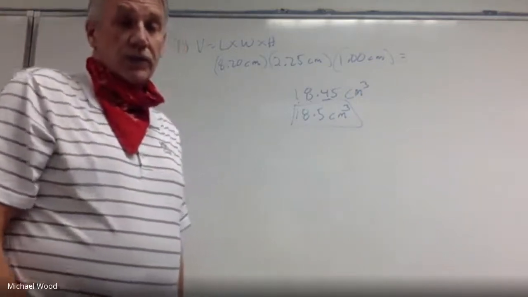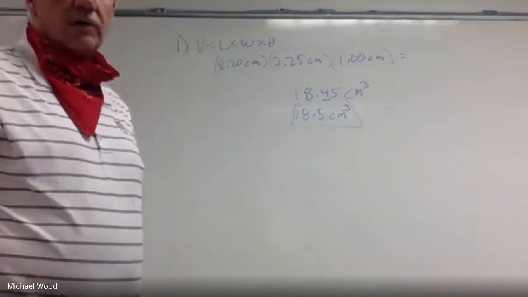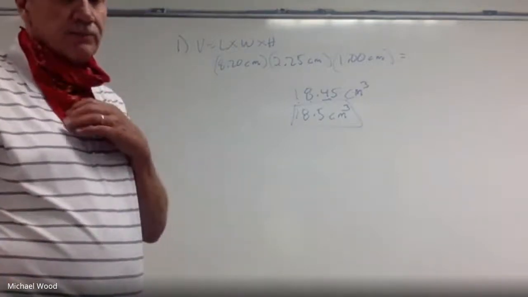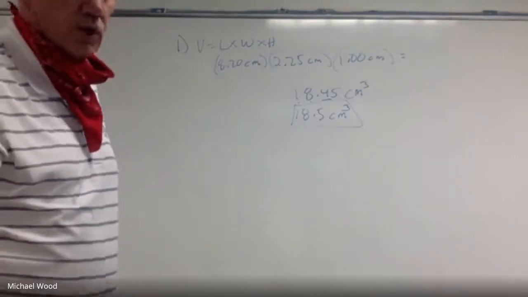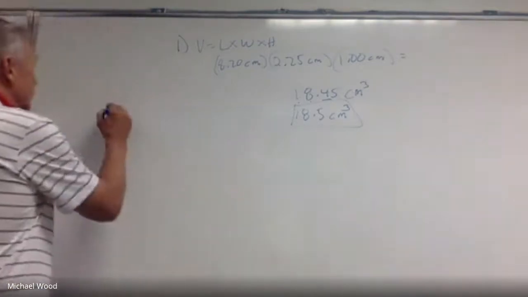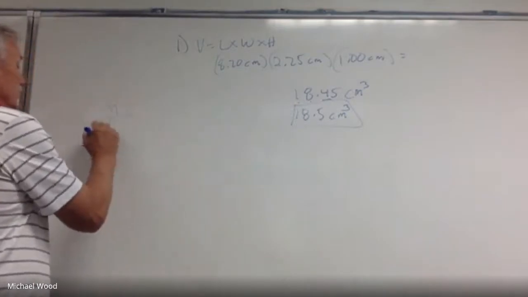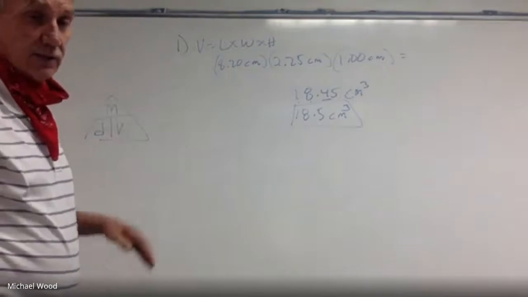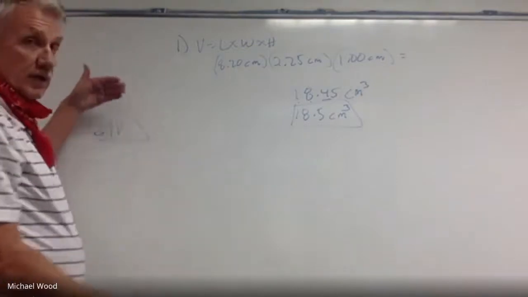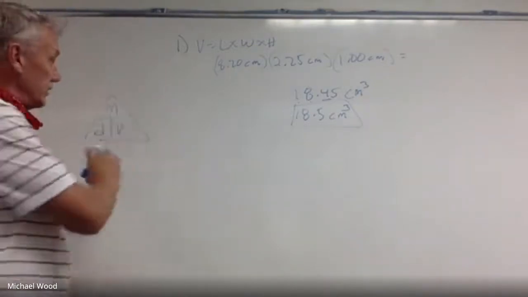Okay, number 2, and this goes to what we were talking about actually in our last class. If the density of a substance, so we're given the density and the volume, what is the mass? So remember the triangles. So we have mass, we have density and volume. So if we're trying to solve for the mass, cover up the M, it's density times volume.